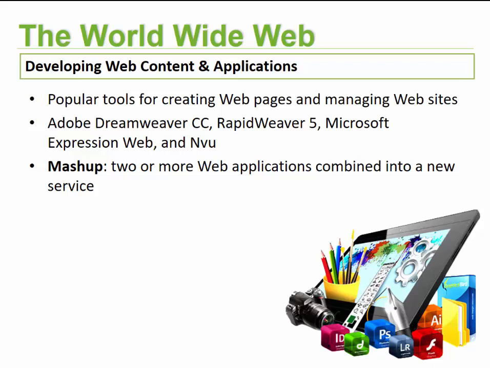You guys, as part of a group assignment, will create a website yourself by using existing websites. So you're going to use something like Weebly, which will enable you to generate your own website based on user requirements. Now there's another definition that we need to take note of. When we combine two or more web applications into a new service, it's known as a mashup.